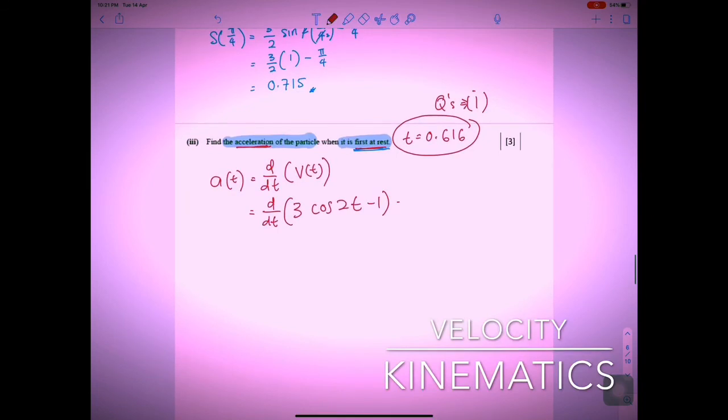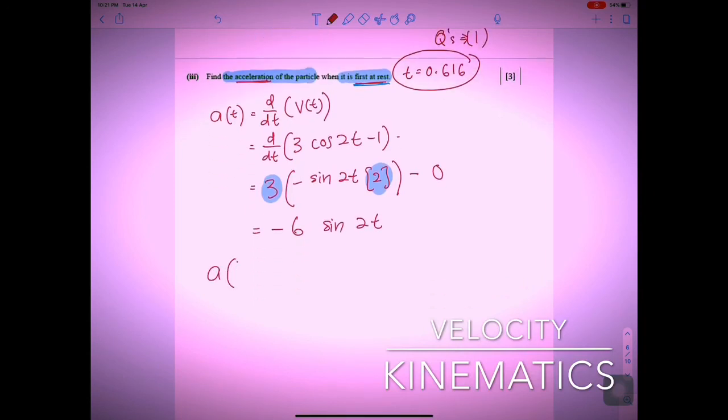Differentiating cos, you get negative sin 2t. Differentiating 2t, you get 2. Differentiating negative 1, you get 0. So 3 times 2, you get negative 6 sin 2t, and then substitute.